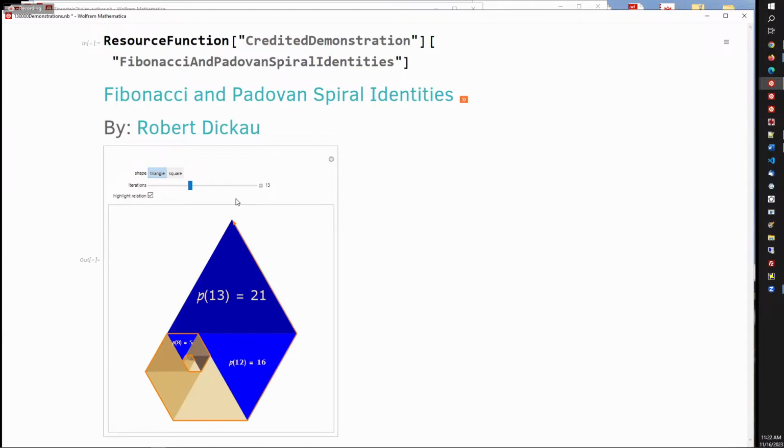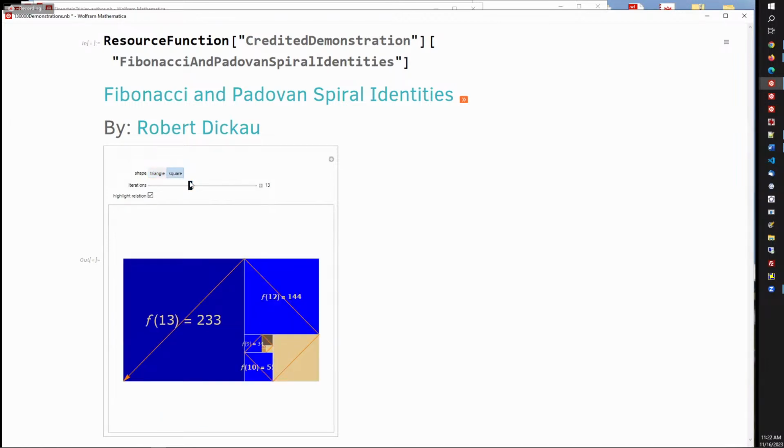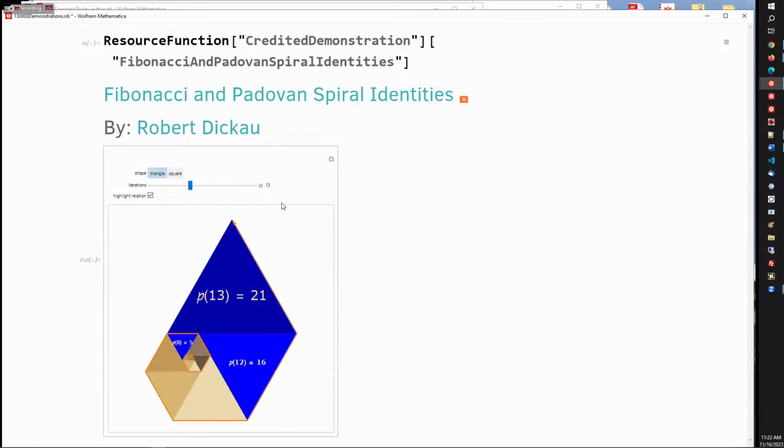The Fibonacci sequence is related to the golden ratio, or phi squared equals phi plus 1, where phi is the golden ratio. The Padovan sequence is related to the plastic constant.